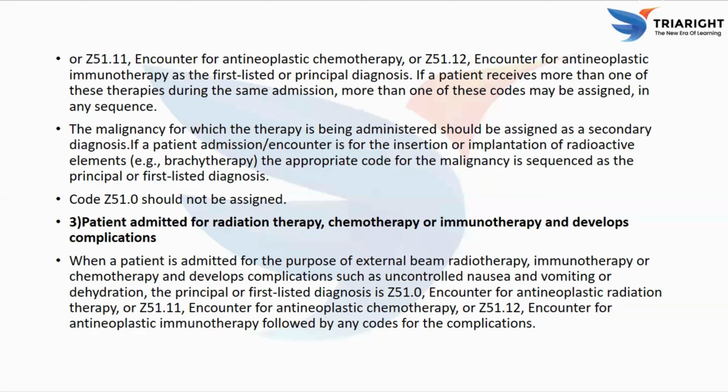For example, a patient admitted for chemotherapy develops severe dehydration: Z51.11 for encounter for chemotherapy, E86.0 for dehydration, and C18 for colon cancer. So complications do not replace the therapy code as the principal code.